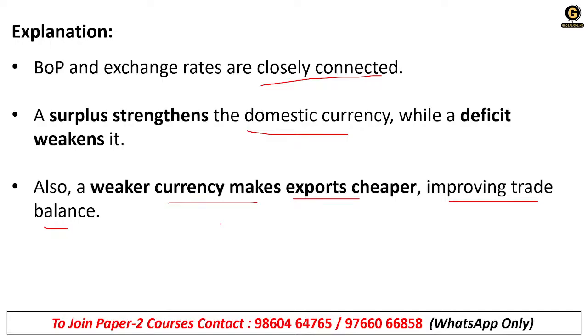For example, if India imports more than it exports, that means a BOP deficit. It needs more foreign currencies, right? So increasing demand for foreign currency means it is weakening our currency, weakening our BOP. That is why countries try to maintain a stable BOP, to avoid sharp fluctuations in the exchange rate. Understood?